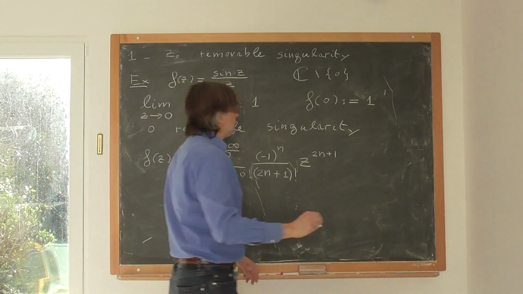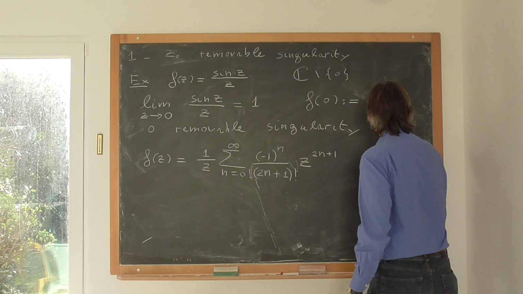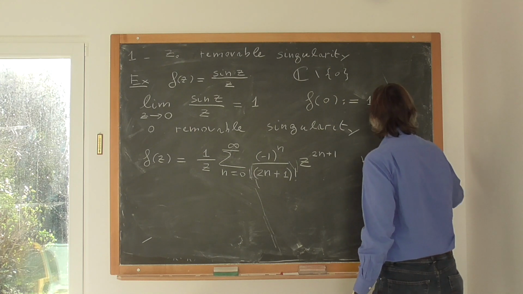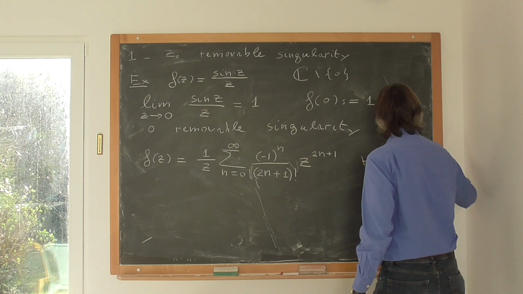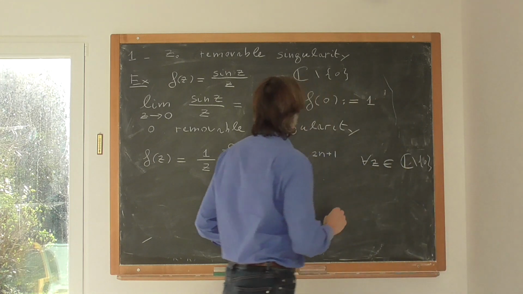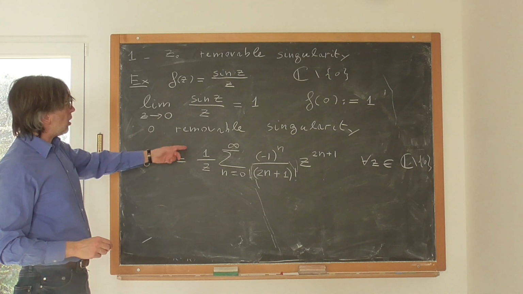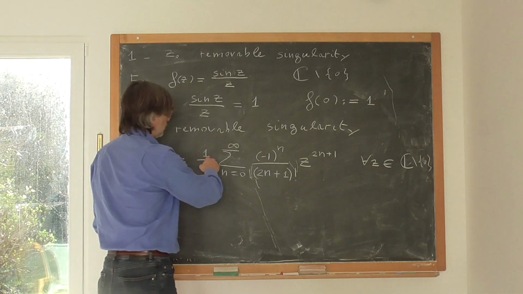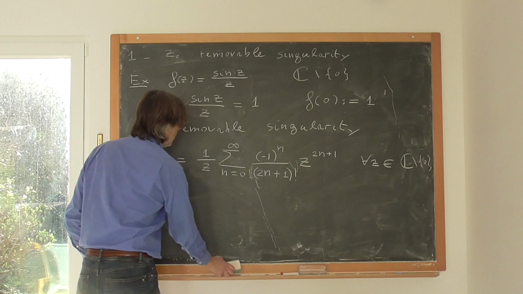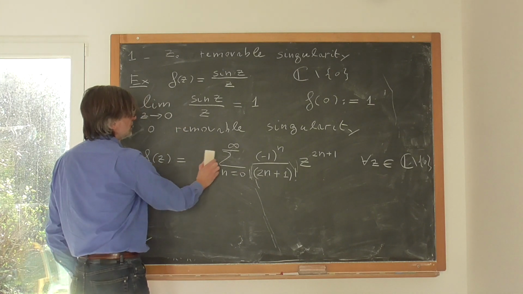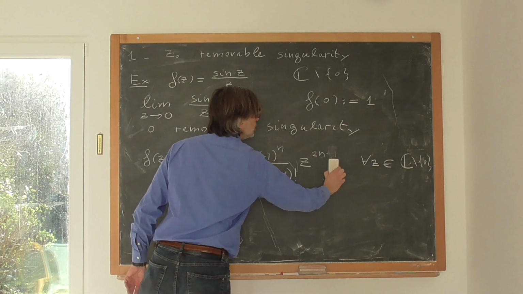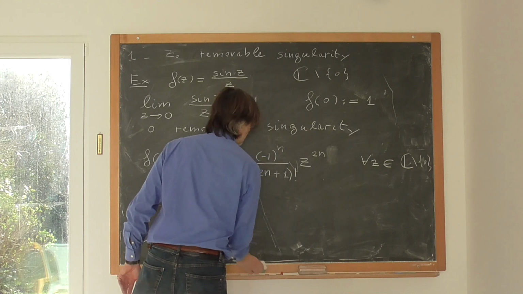So this holds for all z in C minus the origin, the domain of our function f. And now we just observe that, since we are dividing by z, we can remove this and just reduce this exponent by 1.